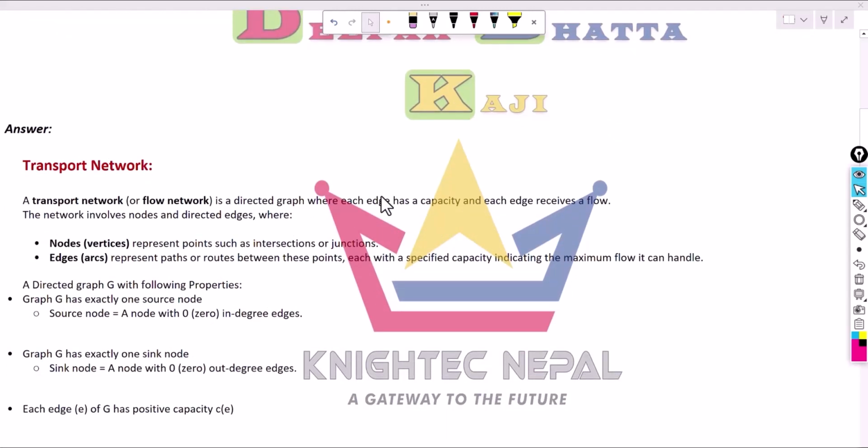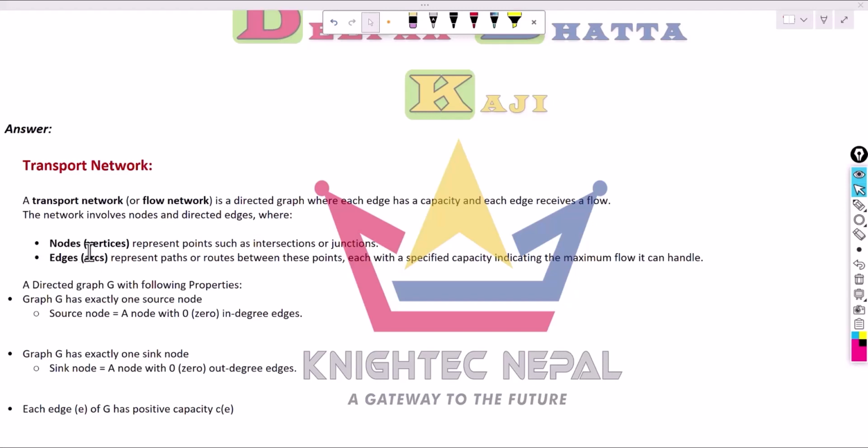So basically a transport network is a flow network, a directed graph where each edge has a capacity and each edge receives a flow. The network involves nodes and directed edges, where nodes represent the vertices and edges represent the arcs.